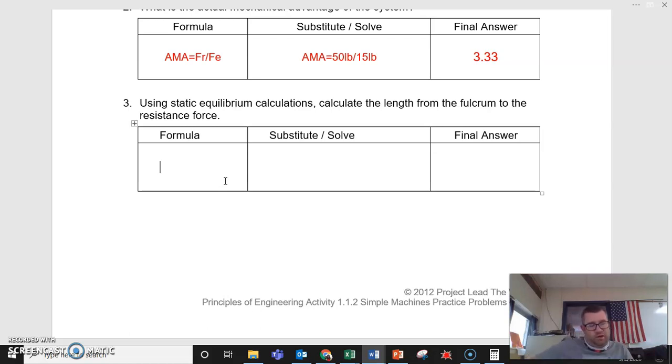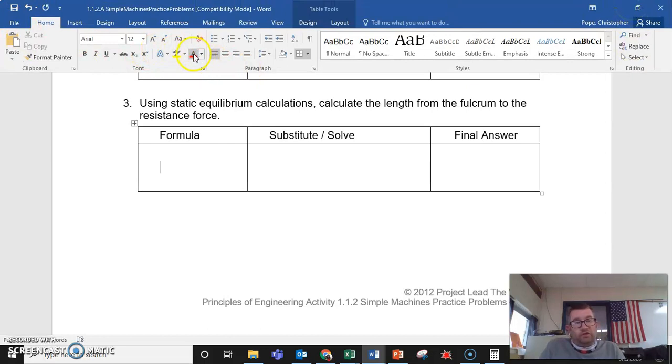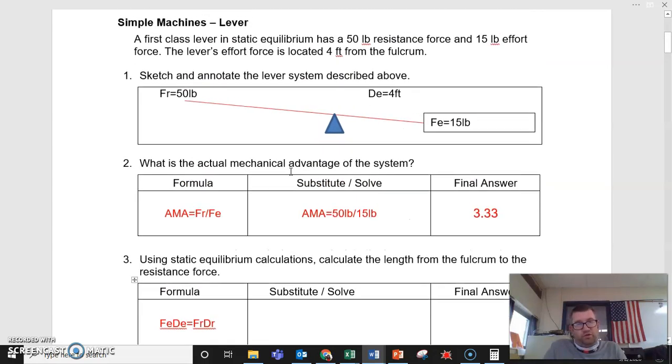So the combination of forces and distances needs to equal 0, or cancel each other out. So the formula looks like this: FE times DE equals FR times DR. So we'll come over here to substitute and solve.